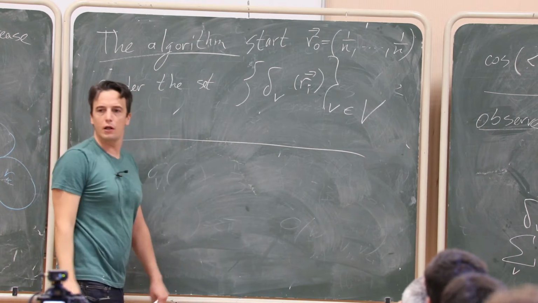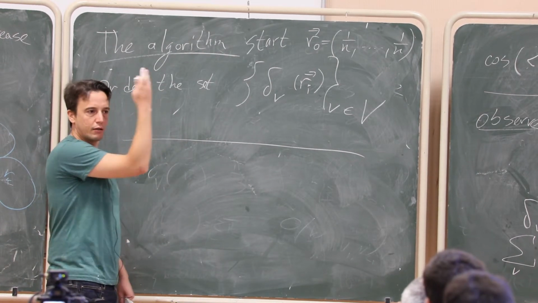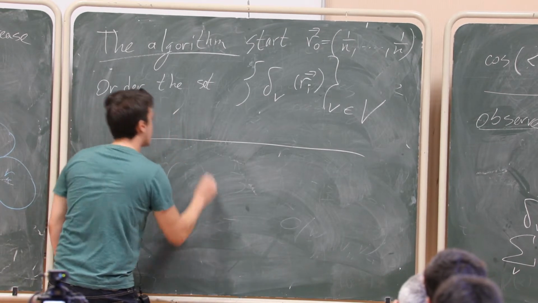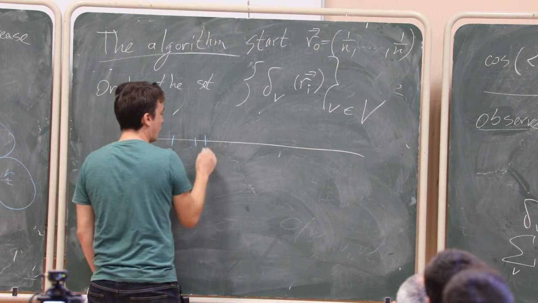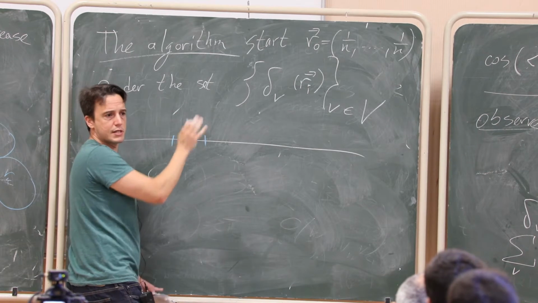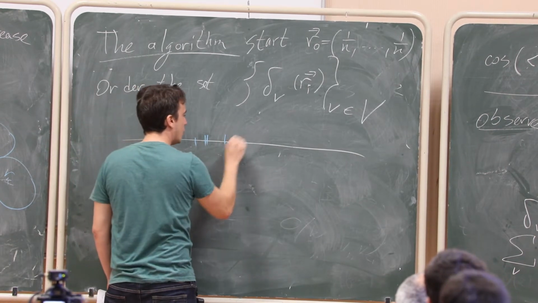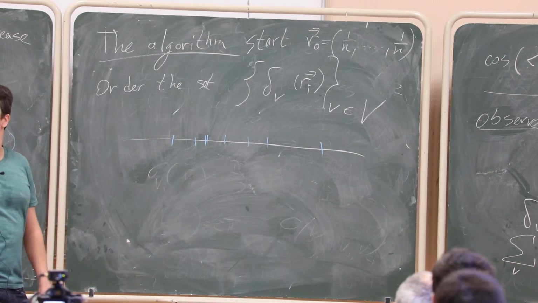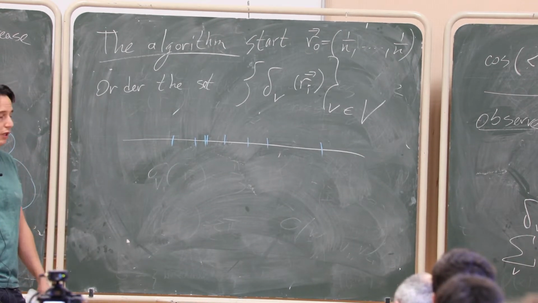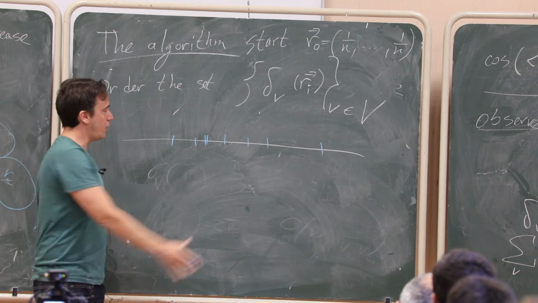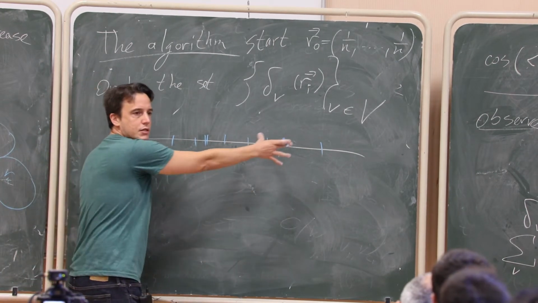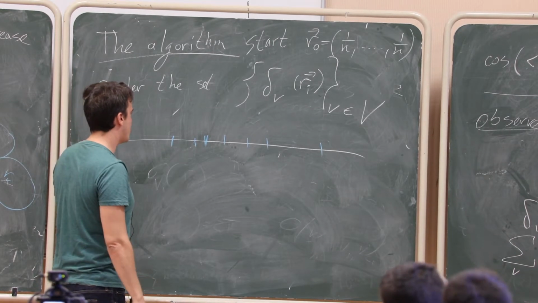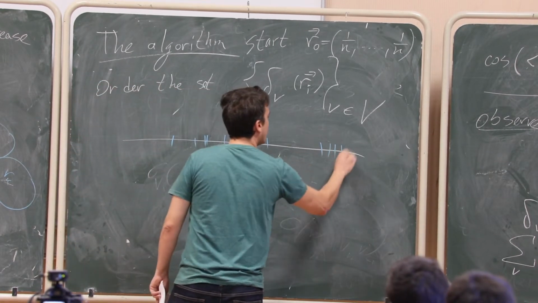So this is the real line, and for each vertex, I draw exactly where the defect is. Perhaps there are several defects that are the same. That's fine for me. I just plotted the vector of defects. These are all real numbers. They could be negative. And I know that 0 is somewhere inside because their sum is 0.